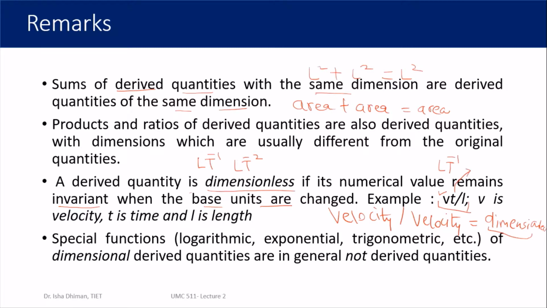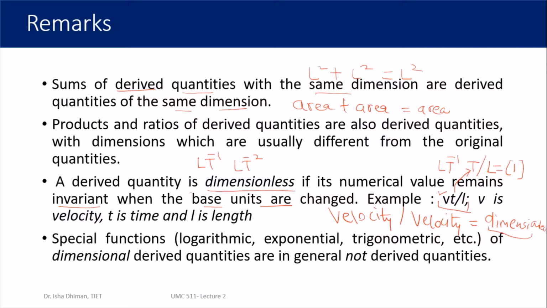The dimension of time is T, divided by L, the dimension of length is L. So if you do the calculation, the dimension turns out to be 1. So dimensionless quantities are always represented with their dimension 1. They are dimensionless. So that's the meaning of a dimensionless quantity.